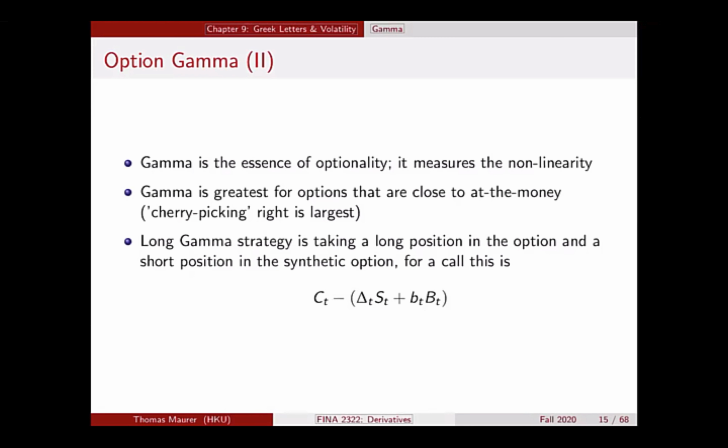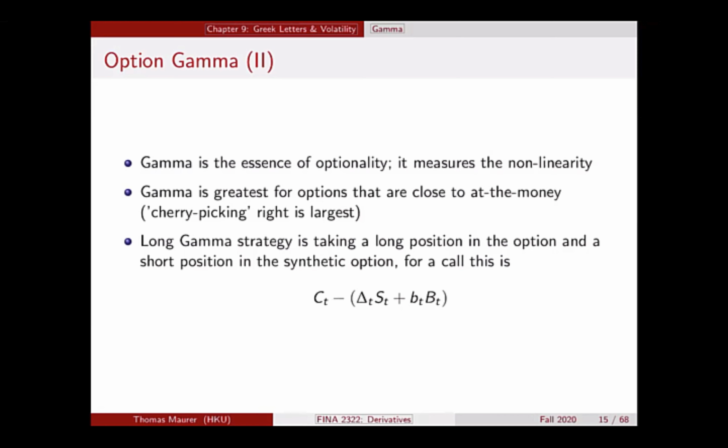The gamma really measures this curvature or the non-linearity of an option, and therefore it is really this essence of the optionality or the cherry picking. And that is going to be the largest if you are somewhere close to the at the money point of an option.